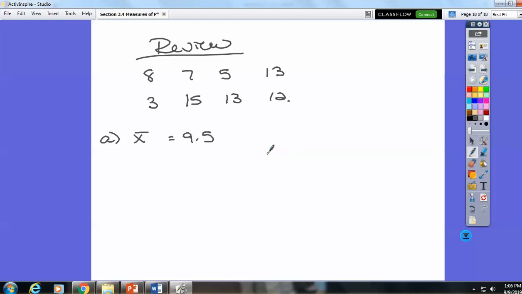Now on the quiz, I would recommend showing me a little work just in case you make a silly mistake. So you might show me like 76 divided by 8, just so I know how you got your answer.